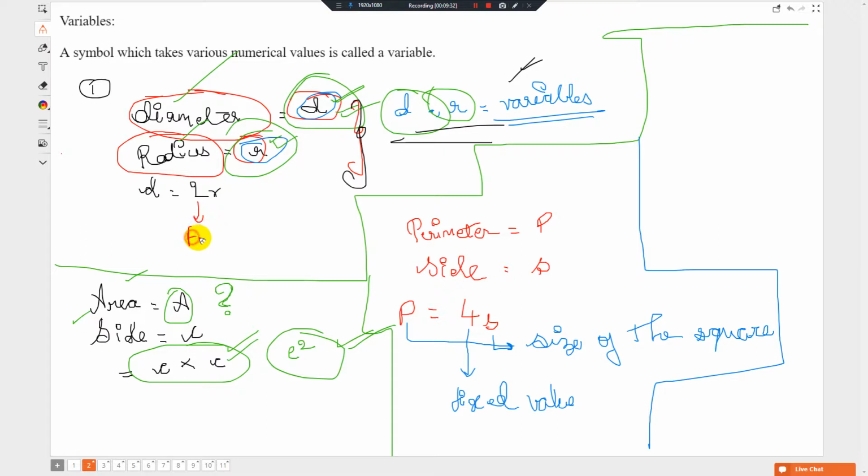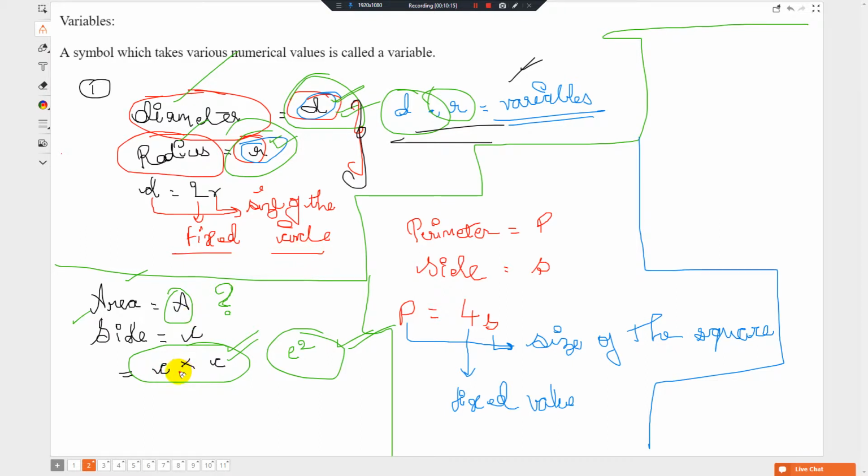Now what about d and r? They depend on the size of the circle.